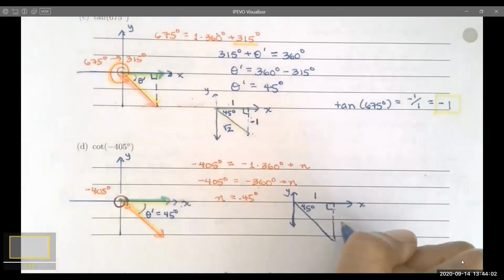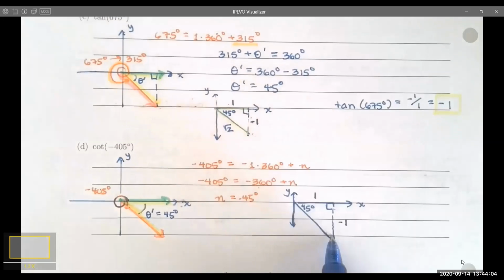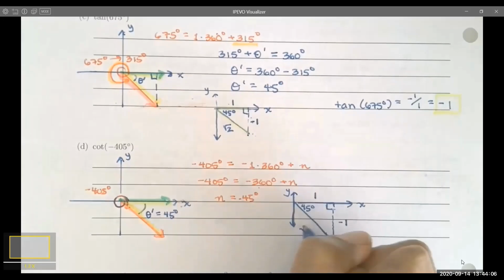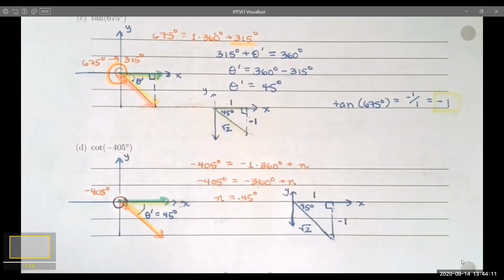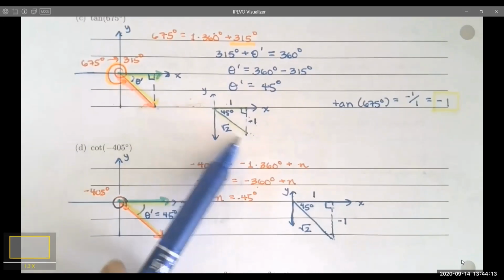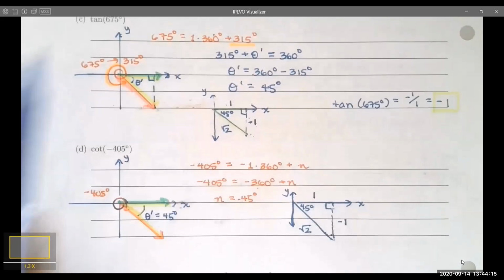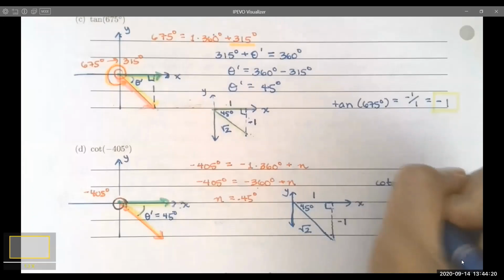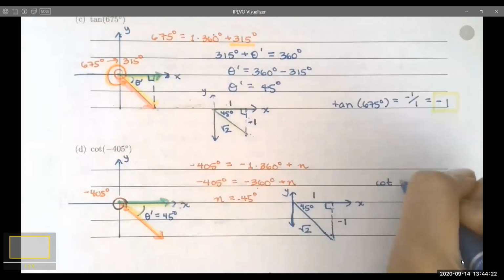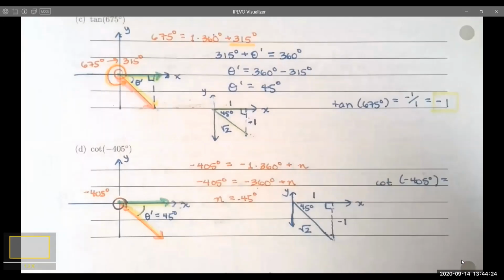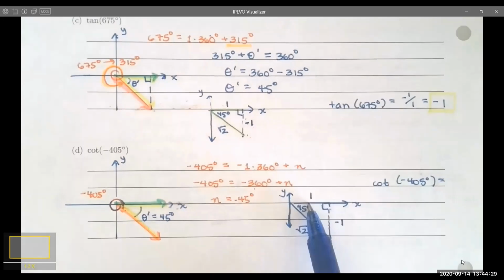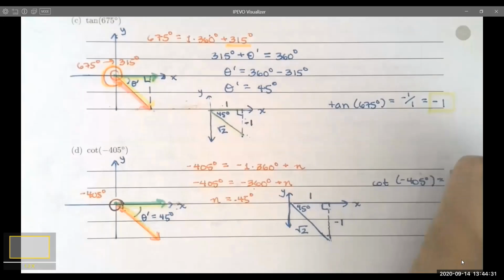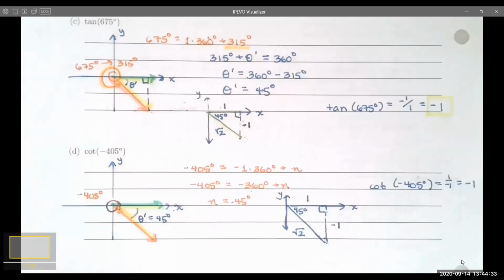This would have to be negative 1 because we're going in the negative y-axis. And then the hypotenuse would be radical 2, and hypotenuse is always positive. So what we're obtaining here is exactly the same diagram that we had for tangent of 675. Now, cotangent of negative 405 degrees: if tangent is opposite over adjacent, cotangent would be adjacent over opposite. So that would be 1 over negative 1, which is still negative 1.